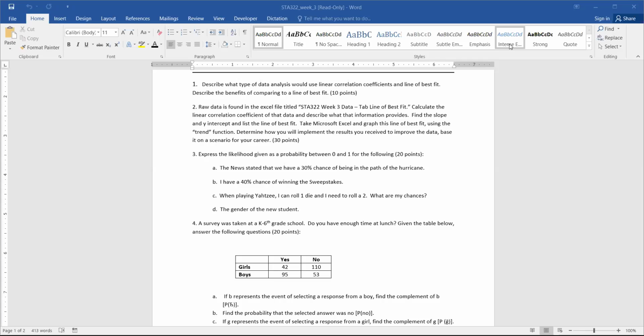We have 110 no's from girls out of 300 total responses. So it's about 1/3, about 33%. Oh, I was doing that wrong. I was trying to do 42 and 110. And it kept telling me that my probability was too short. Right. Okay.